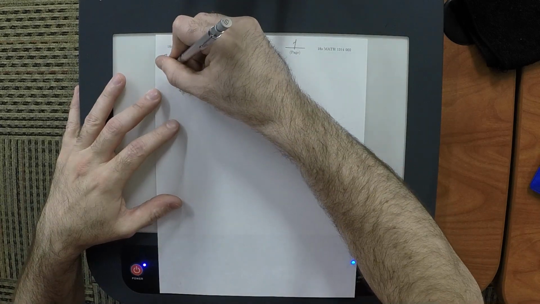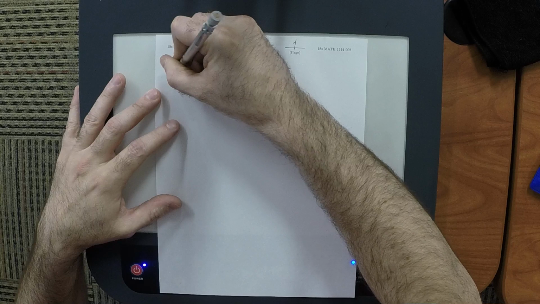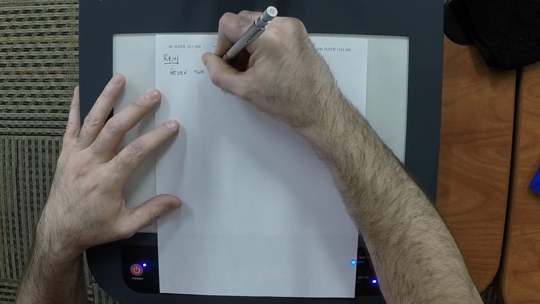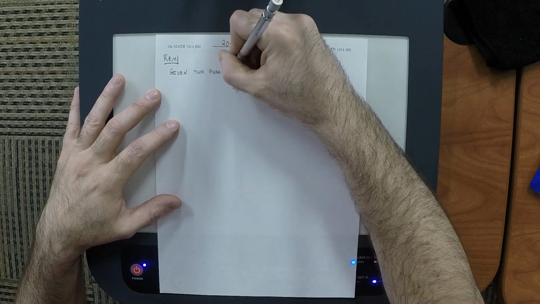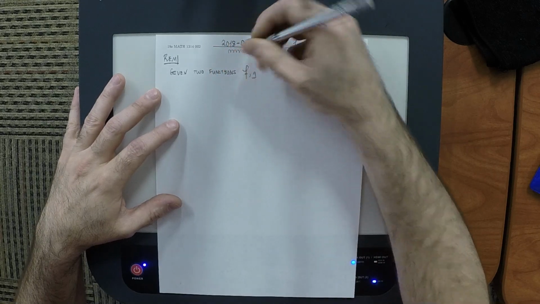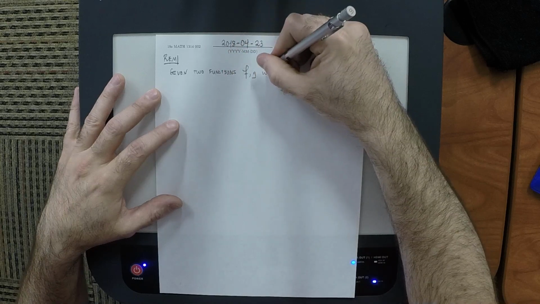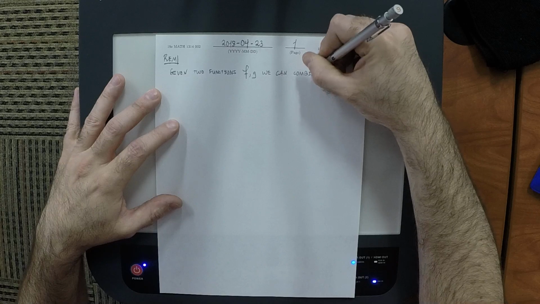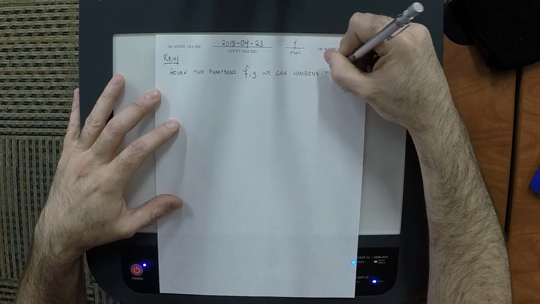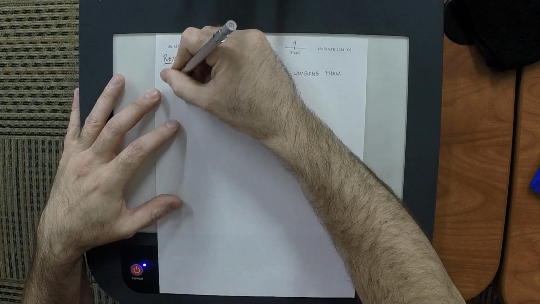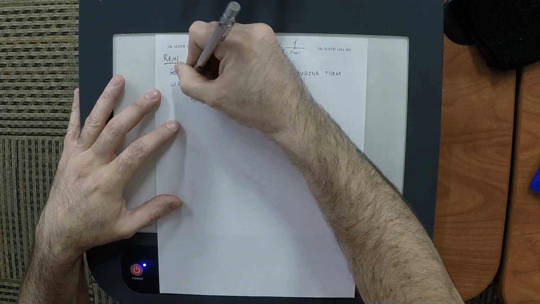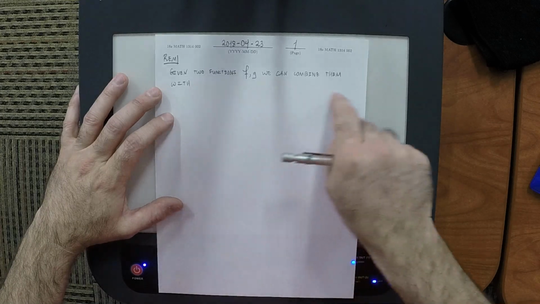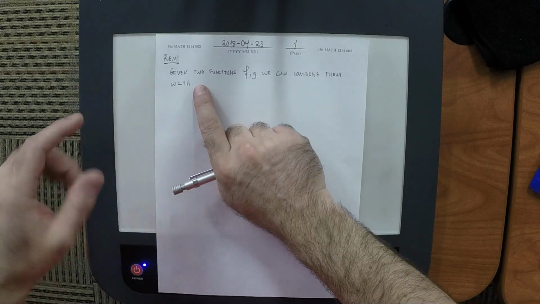So given two functions, f and g, we can combine them with, so now, the first time we said given two numbers, we can combine them with, and then I wrote some punctuation.